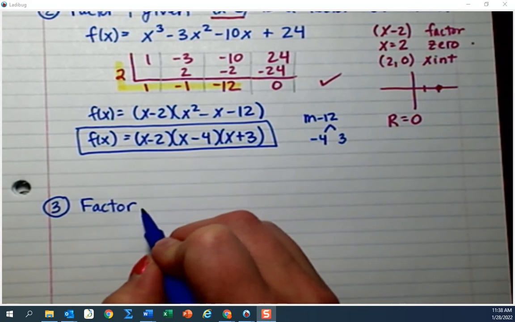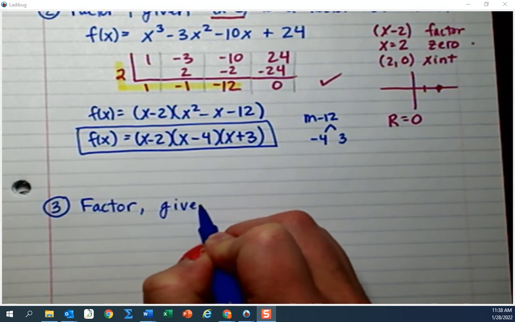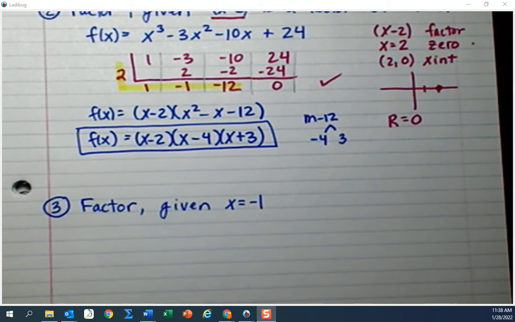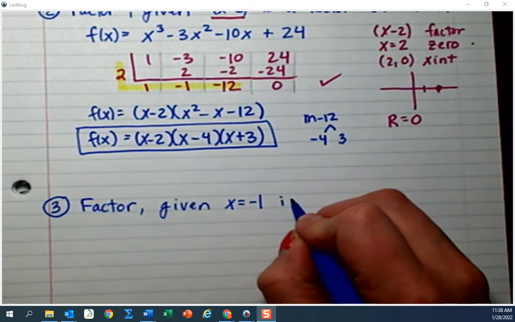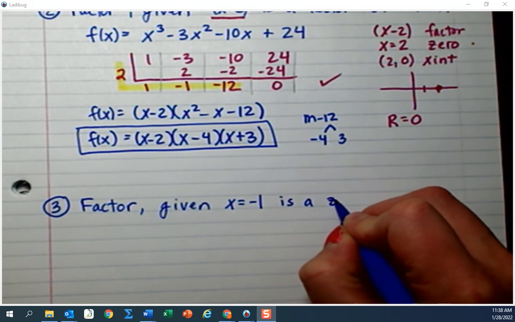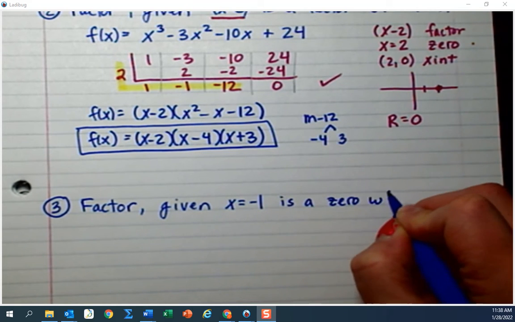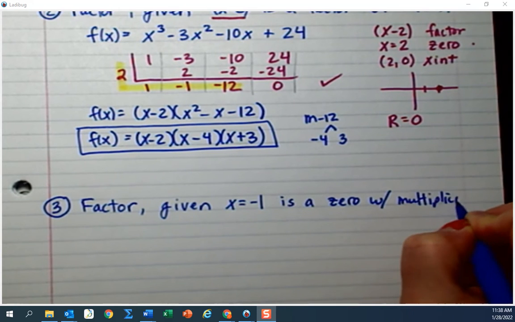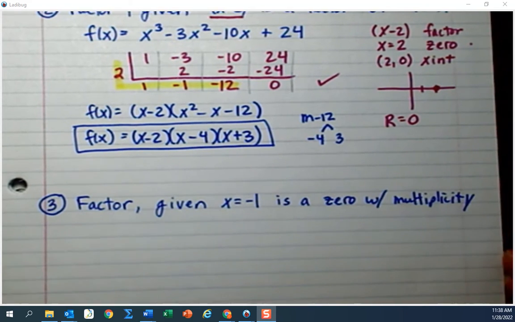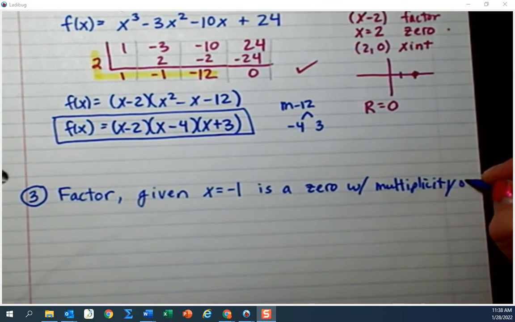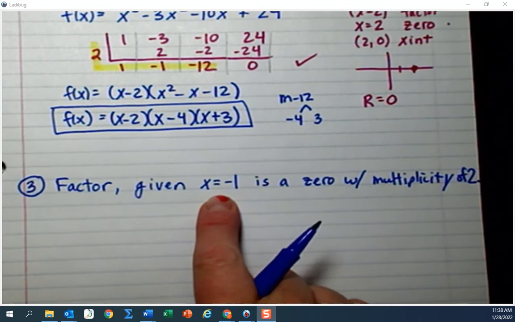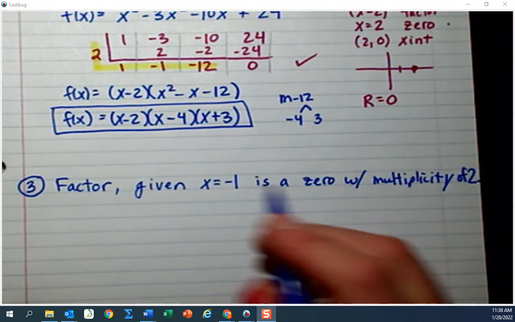Factor, given x equals negative 1 is a 0 with multiplicity of 2. Okay, so this is a 0, but it has a multiplicity of 2.